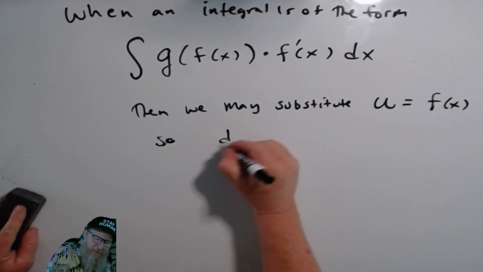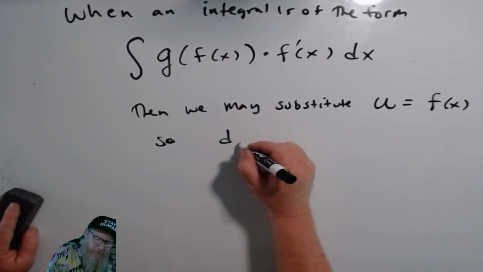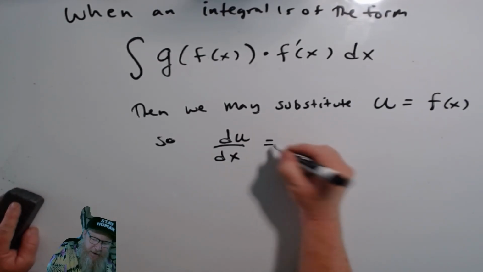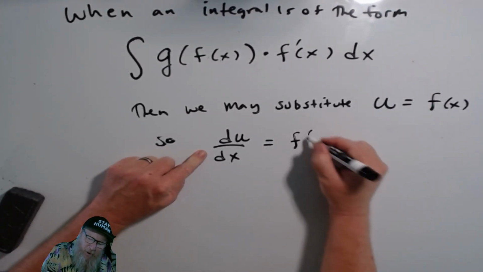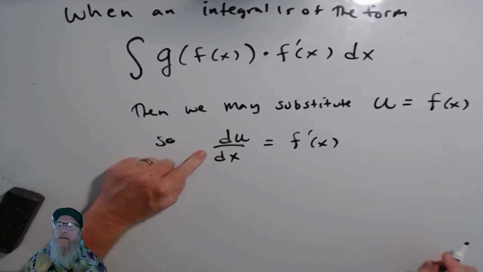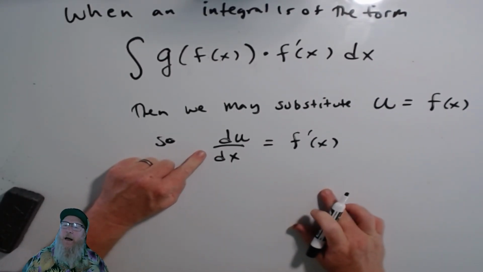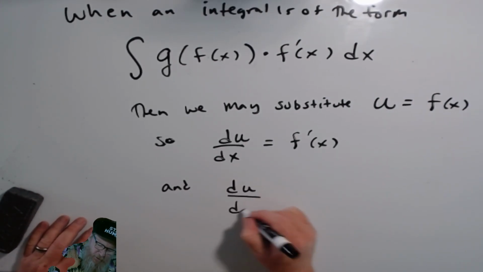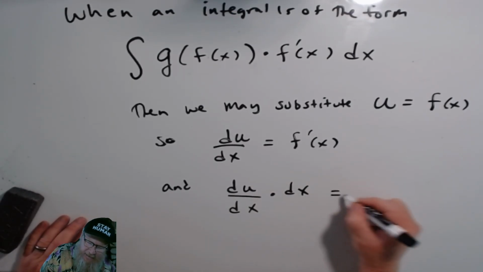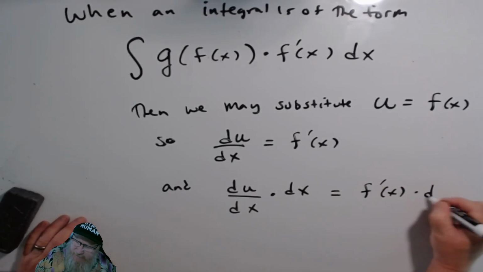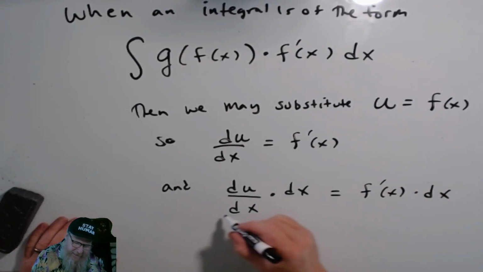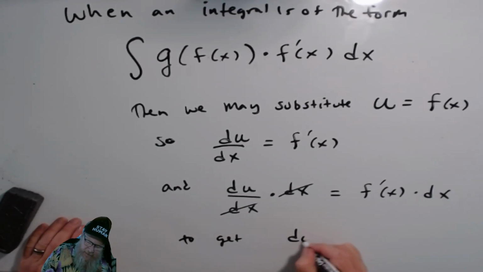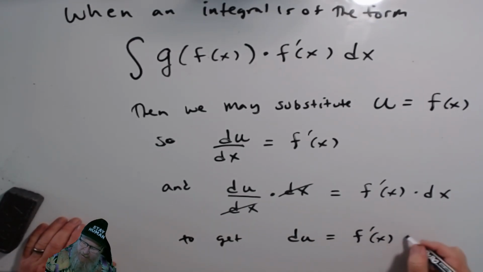So the derivative of u with respect to x is f prime of x. The derivative of u would just be f prime of x. Then we multiply both sides by dx, thereby canceling the dx here, to get du is equal to f prime of x dx.